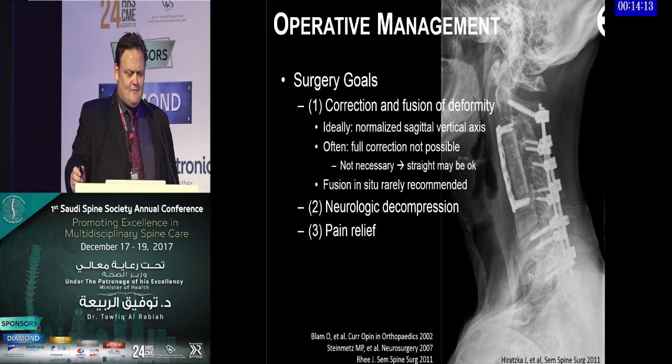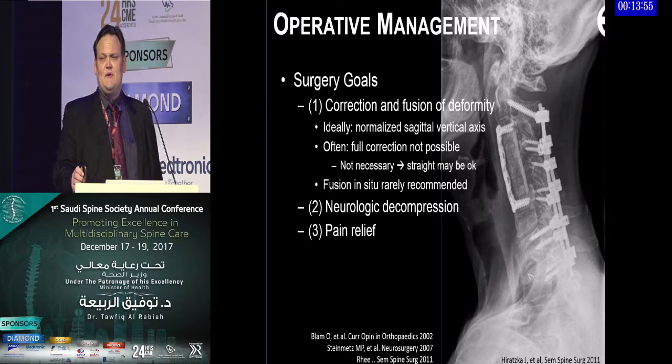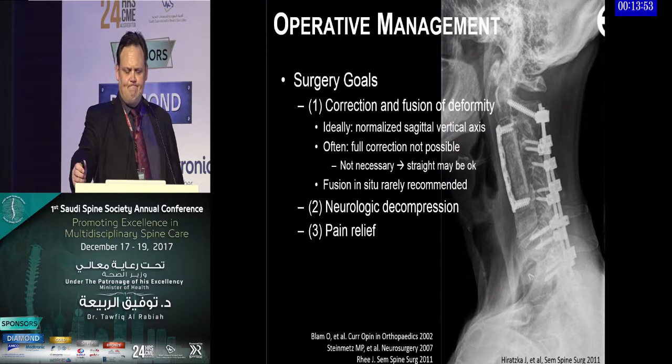Our goals at the time of surgery are to correct and fuse the deformity, ideally with a normalized sagittal vertical axis, but typically that's not possible, especially in patients with poor bone quality, and straight may be an acceptable compromise position. We certainly need to decompress any compressed neurologic elements, and we want to, as best we can, relieve the patient's pain.